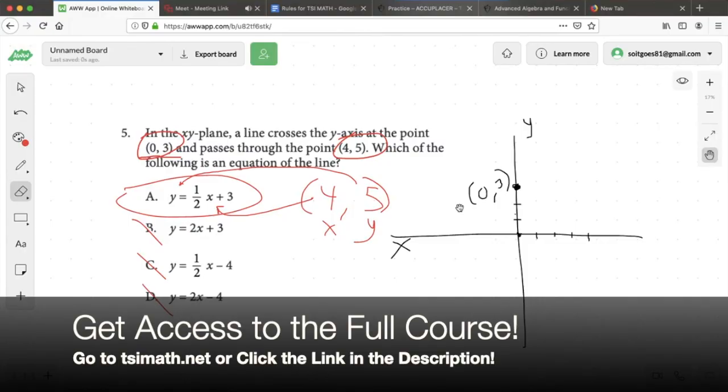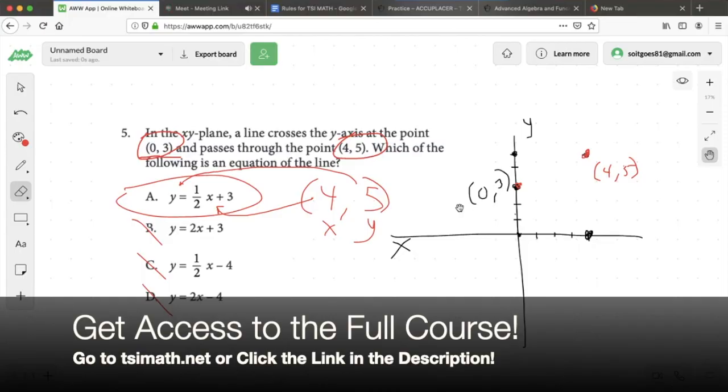So this is 4, and 5 would be up here. There it is, 4, 5 right there. Does it make sense why that's the point 4, 5? Yes, because the x value is 4 and the y value is 5 at that spot.